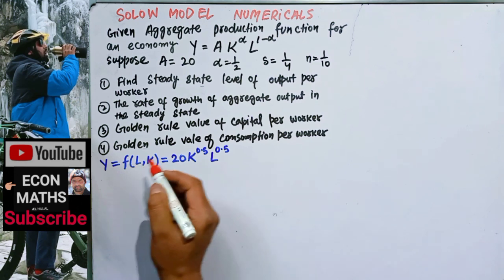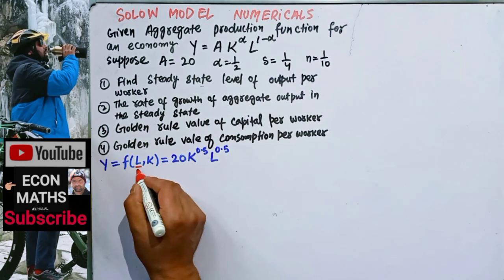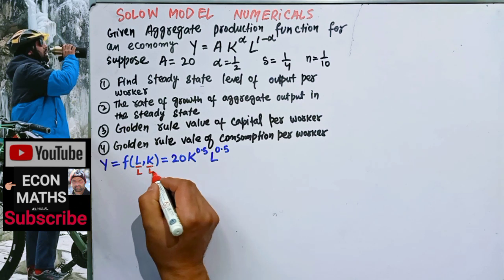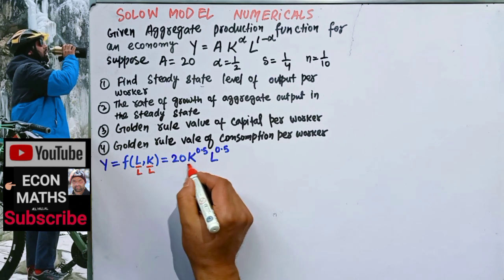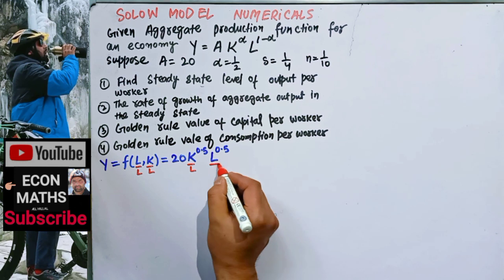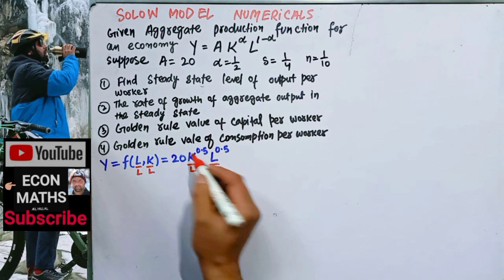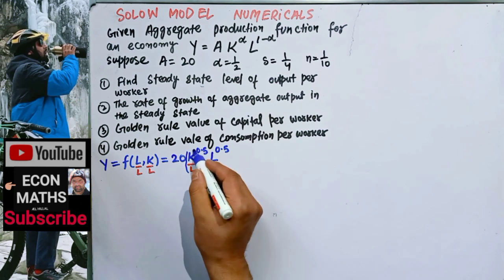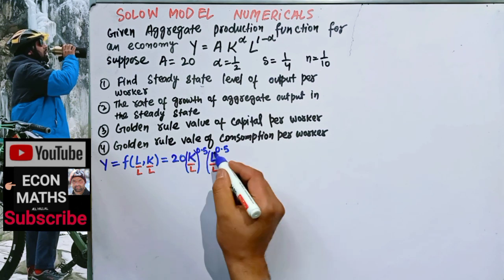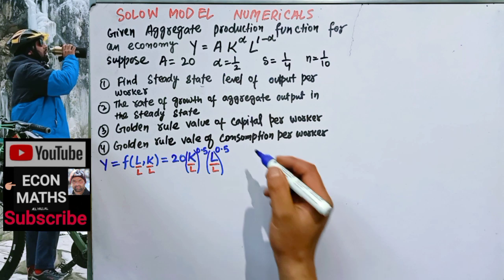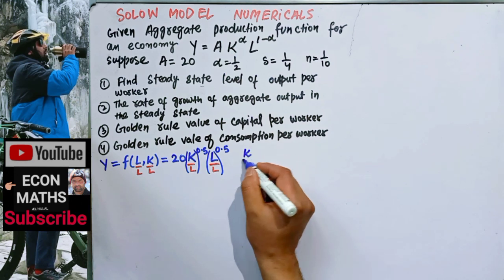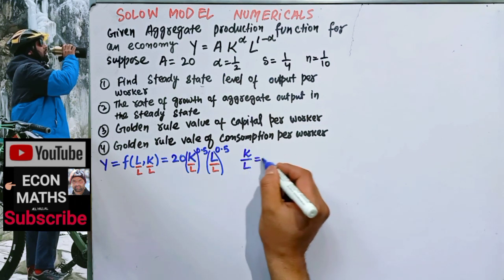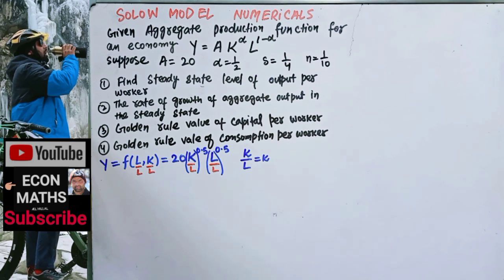That means we divide each variable by L. So here we have L, here we have also L. And let's denote K upon L as small k, the capital labor ratio.